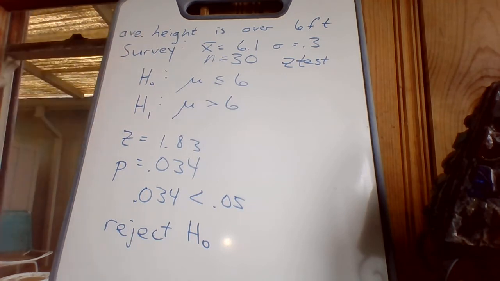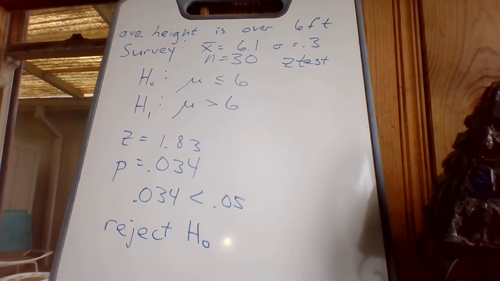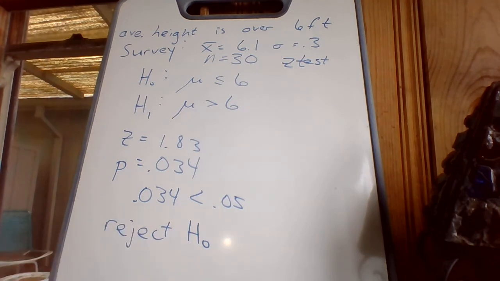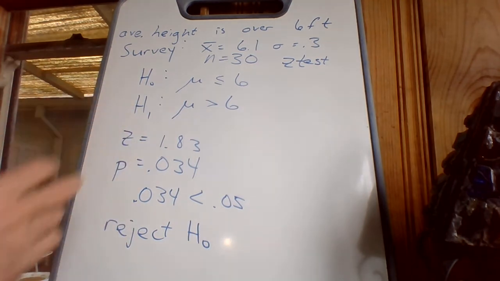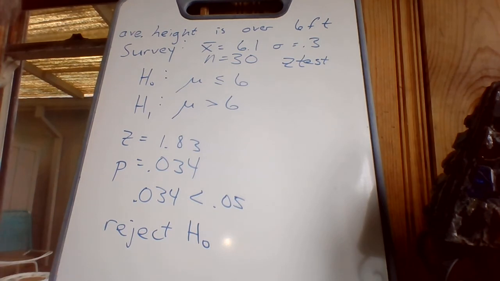The person who was making the claim said H1, and I just rejected something that nobody said. And if you look at it, I got 6.1, and they said over 6 feet. We're actually in agreement anyway. But this is the way the math works, okay? You just write down reject H0, even though it has nothing to do with anything anybody said, and you'll walk away from the problem. In real life, you'd probably track them down and try and get them to say greater than or equal to or something so you could test it properly. But here, we're just going to write down reject H0.